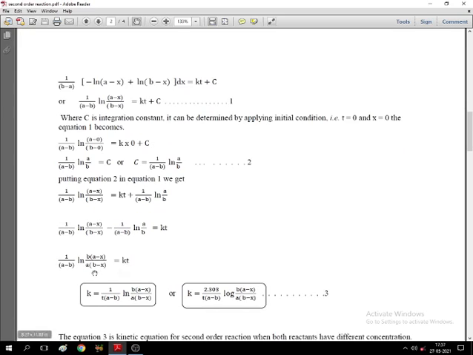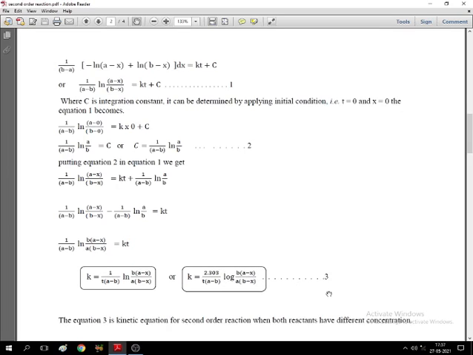Rearrange it for k, therefore k is equal to 1 upon t into A minus B ln B into A minus X upon A into B minus X, or k is equal to 2.303 upon t into A minus B log of B into A minus X upon A into B minus X, equation number 3.